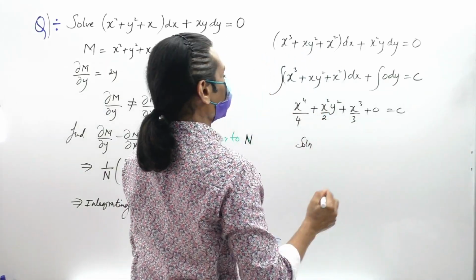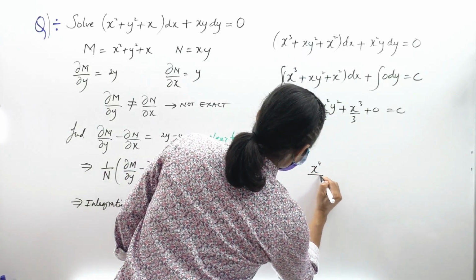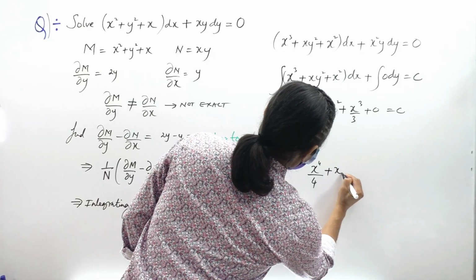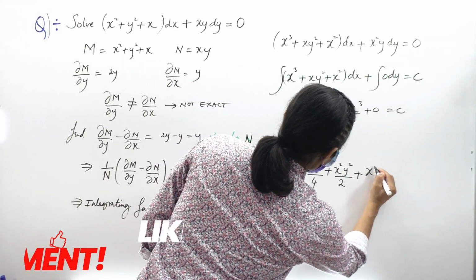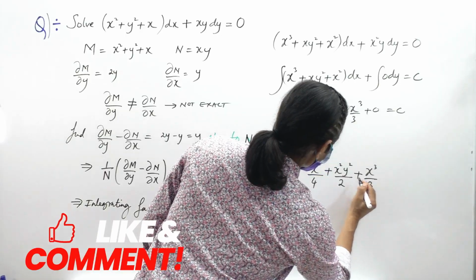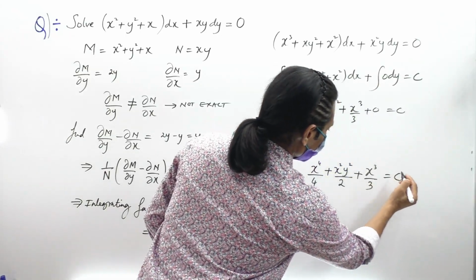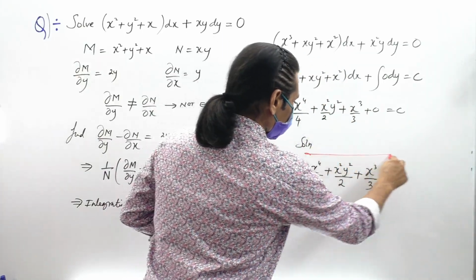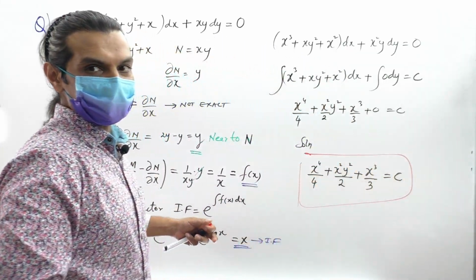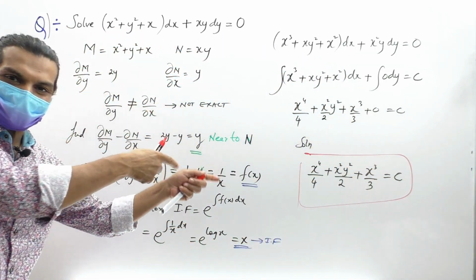Therefore, the solution for this question is x to the 4 by 4 plus x square y square by 2 plus x cube by 3 is equal to c. That is all. This is the solution by reducing it to exact form for the given question.